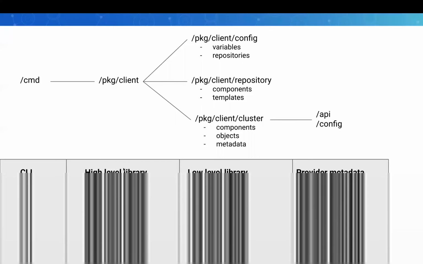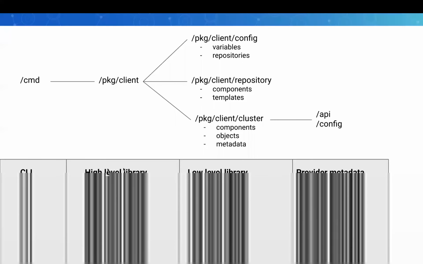Basically everything starts: clusterctl is a CLI tool. Then we will move to the code. There is the usual cmd folder with Cobra stuff, flags, and all these fancy things. And then there is a package with a sub package called client, which is the high-level library.